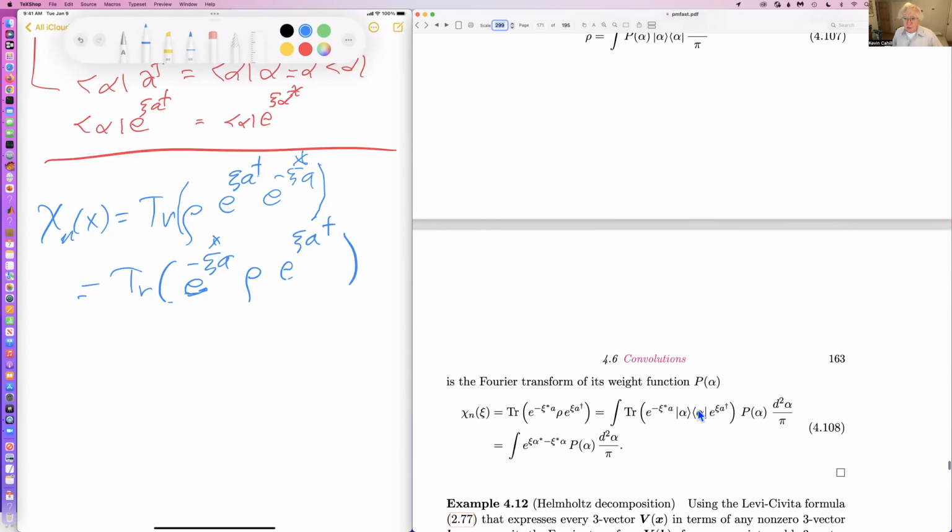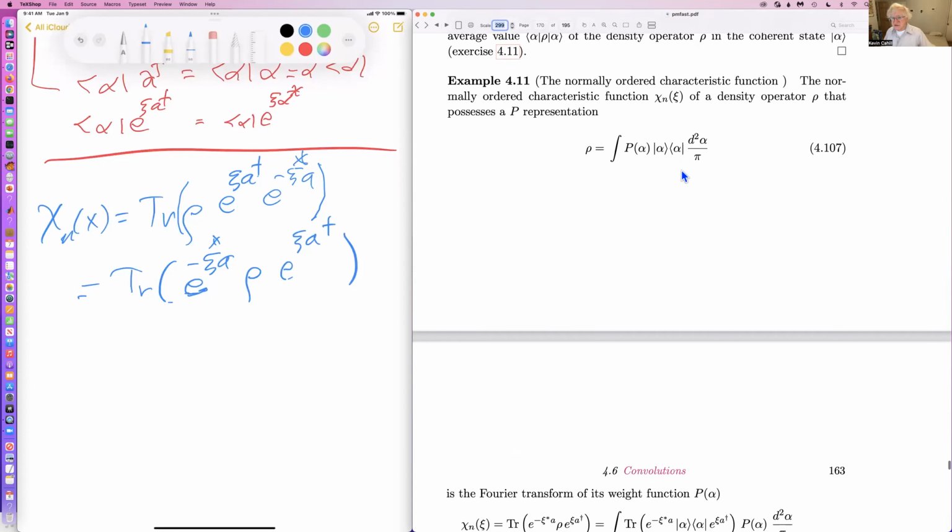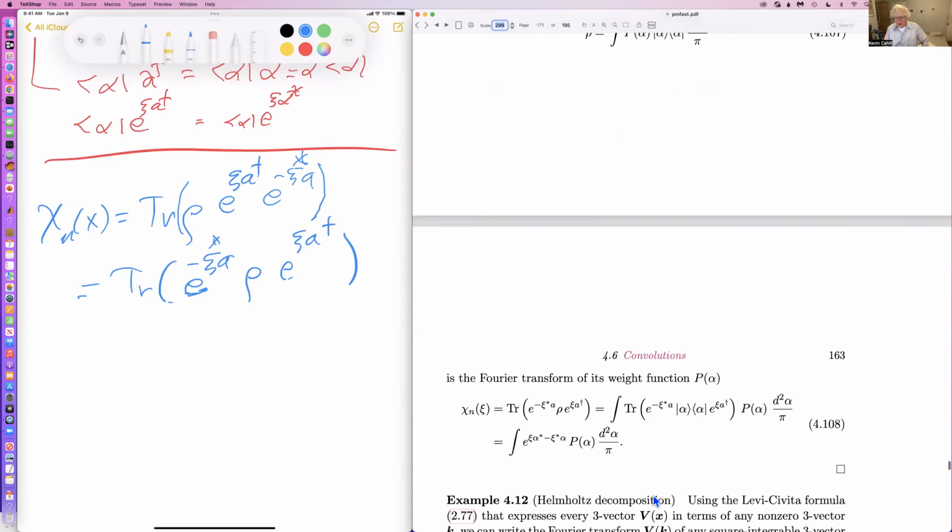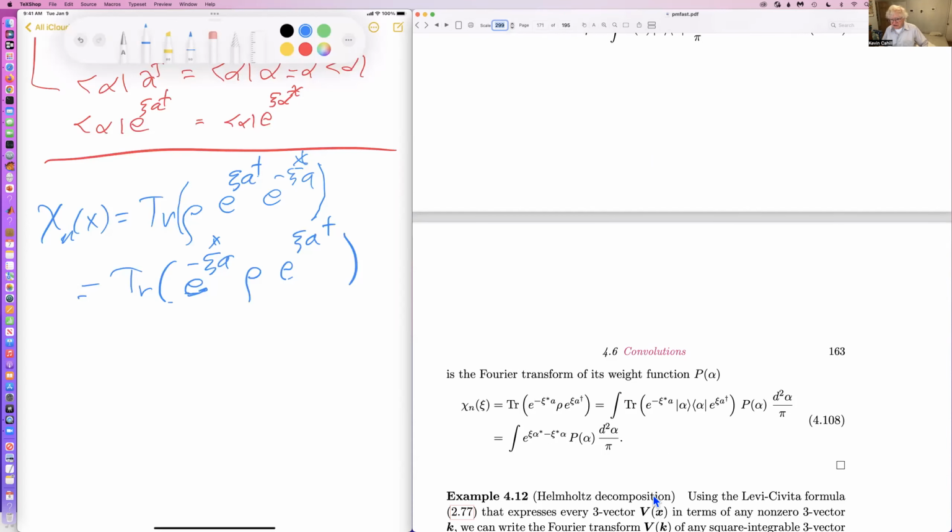And now if you write rho in terms of outer products of coherent states, you see that this turns into this integral here. This coherent state is an eigenstate of a, alpha is an eigenstate of a dagger, and so you get just this expression. And this thing is linear in the real and imaginary parts of alpha, and it's purely imaginary.